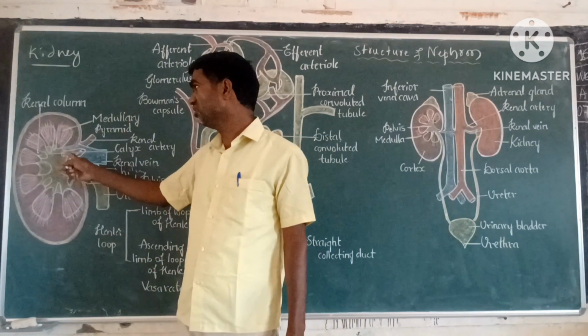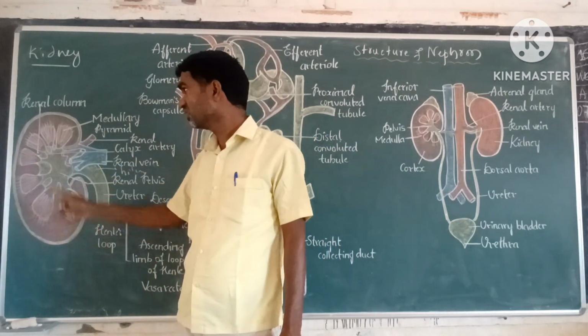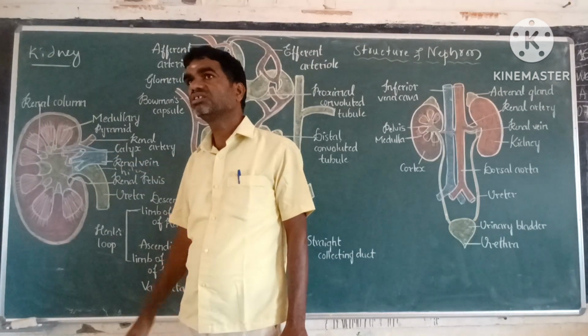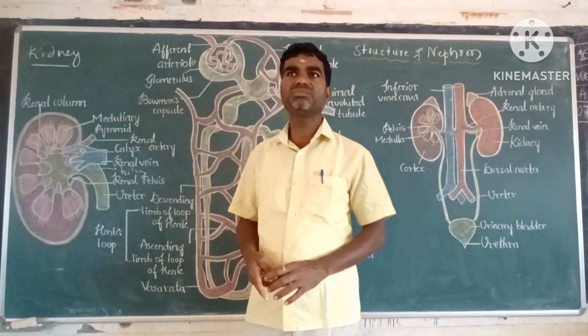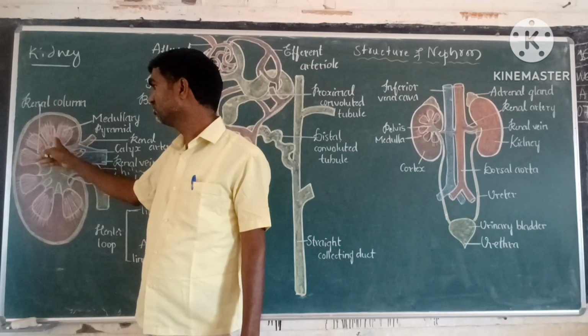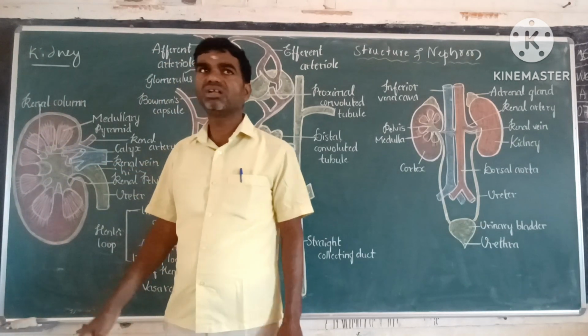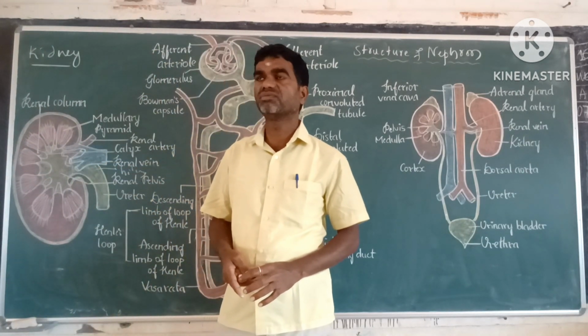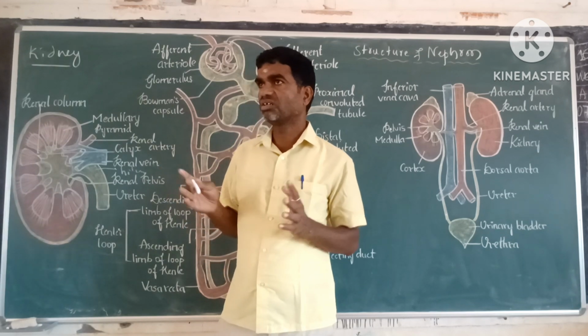If you see the medullary region, on the inner side the medullary pyramids are forming. In between these medullary pyramids, the columns of Bertini are present, connecting to the cortex region.